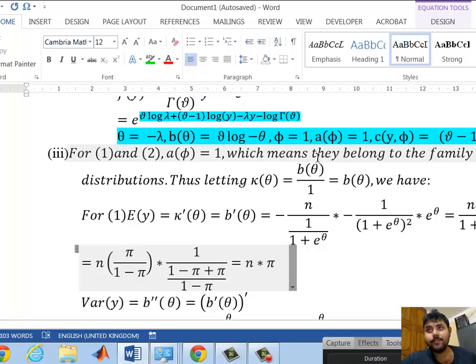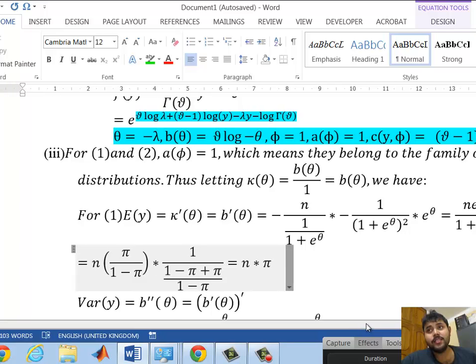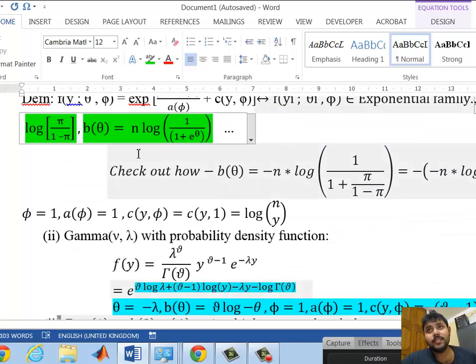That is the first differential of kappa with respect to theta, which is again b prime of theta, which gives us something in terms of theta. How do we get it? Again, I look at this.